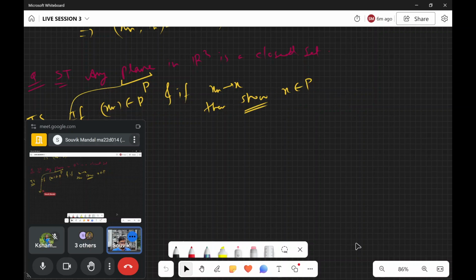Any plane in Rn is given by a x plus b y plus c, so this is an equation. Now you can fix some point and then try to proceed. Please take your time. Think about it.